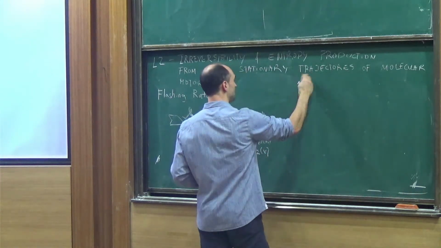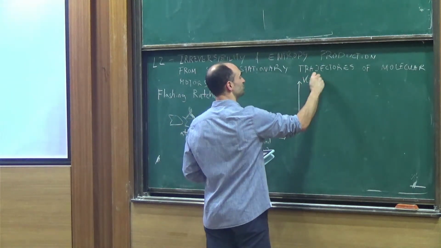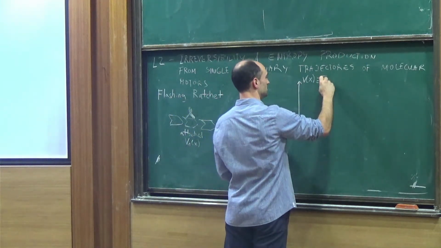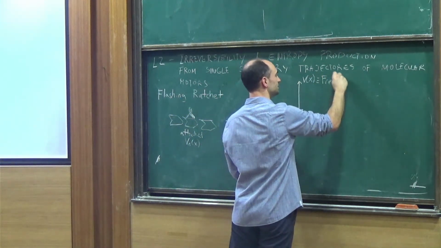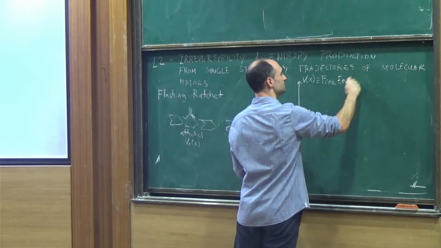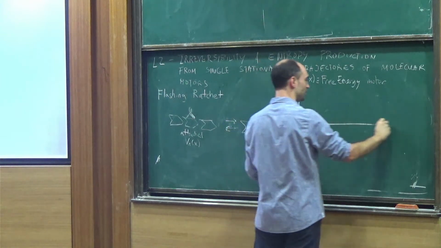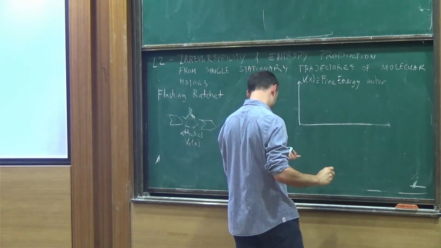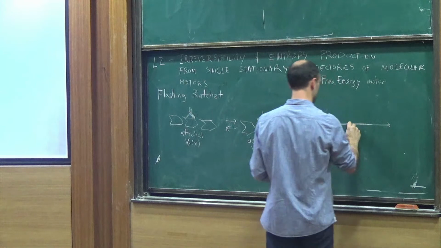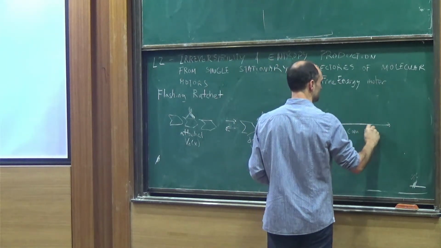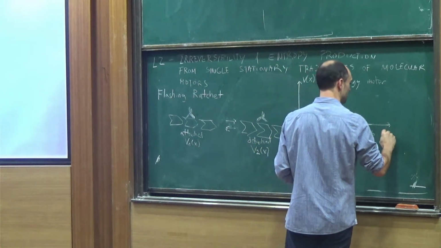You have on the y-axis P(x), which will be the free energy of the motor. And on x, we will plot the center of mass position of the motor.